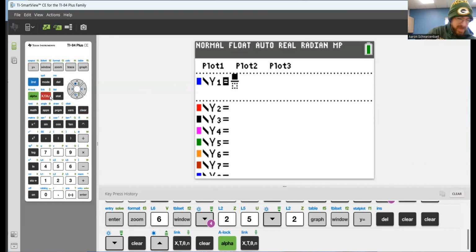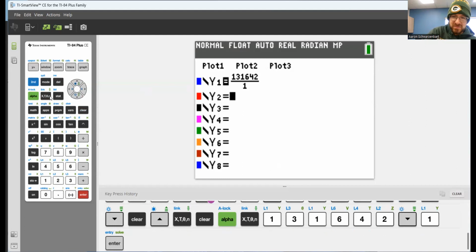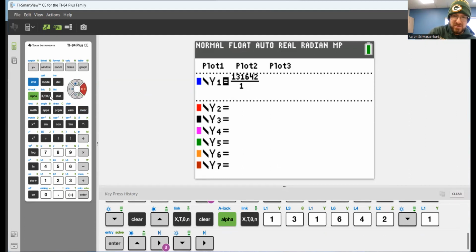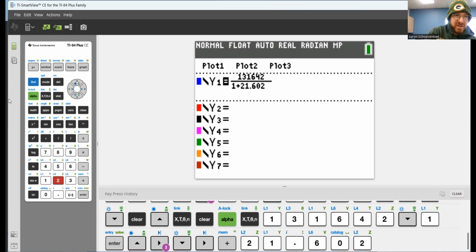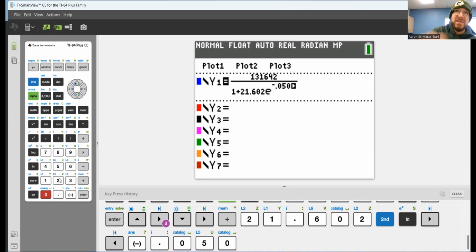I want to start with my fraction. 31642 over 1 plus 21.602, and again, I'm going to use the e to the x button, negative 0.50505 to the x.